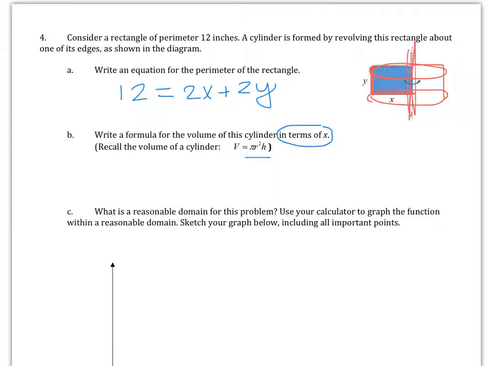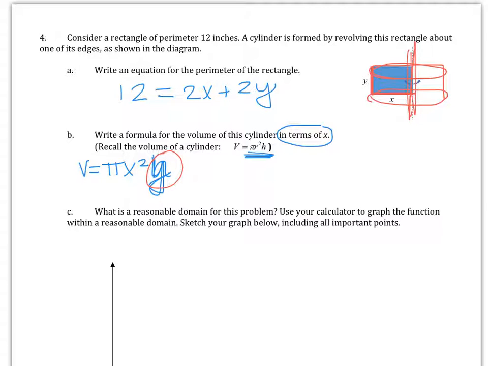So if our volume is pi r squared h, keep in mind we said that our r in this case is actually x, and our h is actually y. So our volume is pi x squared y, right? But we want it all in terms of x, so we're going to have to do some kind of substitution for y.